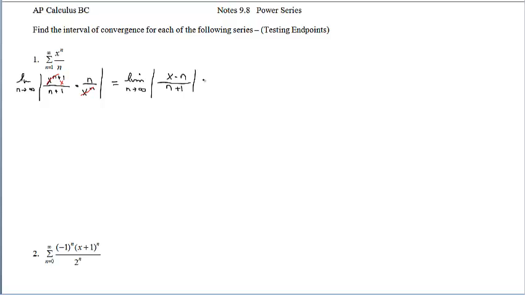And remember, this is a limit in terms of n, so what we can do is bring out the absolute value of x, leaving us to find this limit.